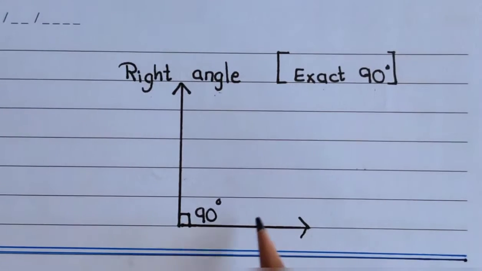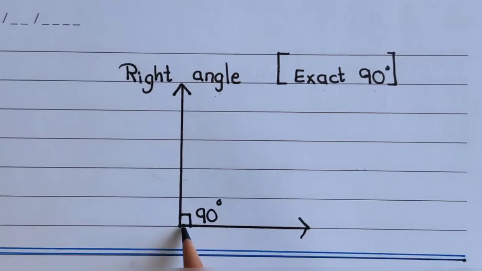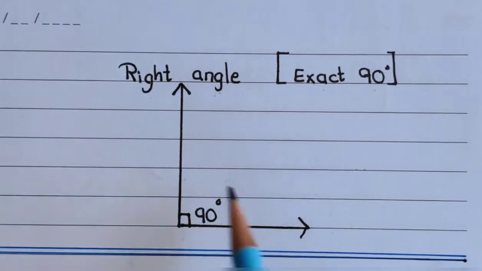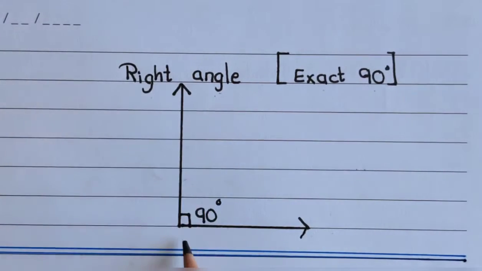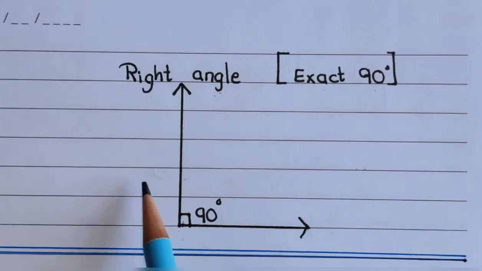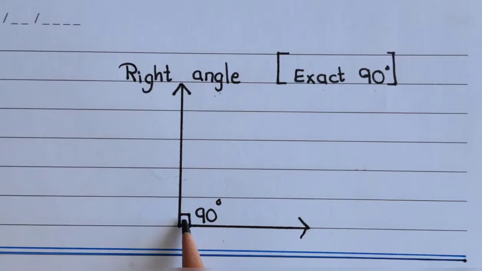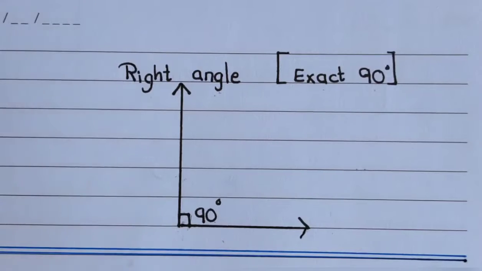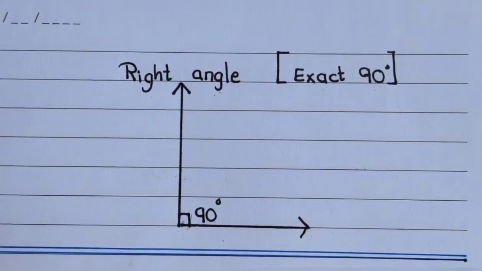With that you can make a 90 degree angle, and this 90 degree angle has two arms. This is one arm of the angle, and this is the second arm of the angle, and both the arms are meeting exactly at an angle of 90 degree. A 90 degree angle is shown with the help of this kind of box. Okay, so right angle is exactly 90 degree angle.